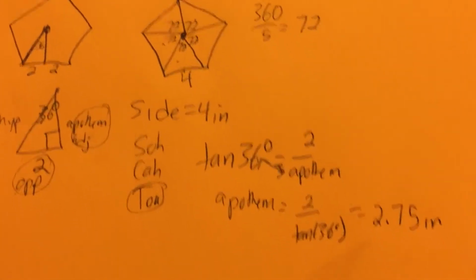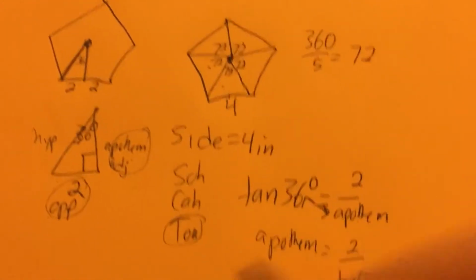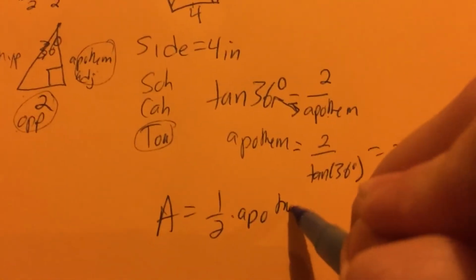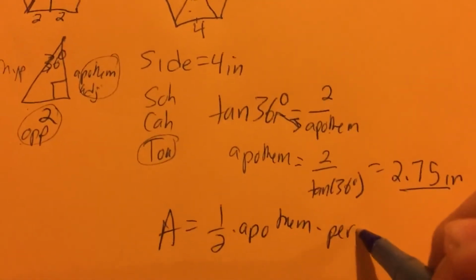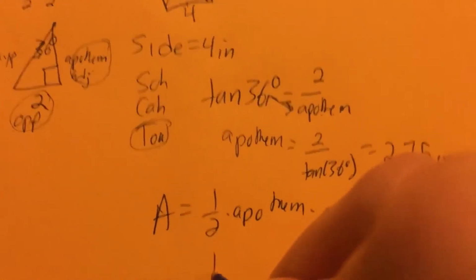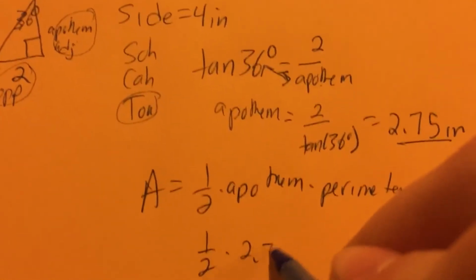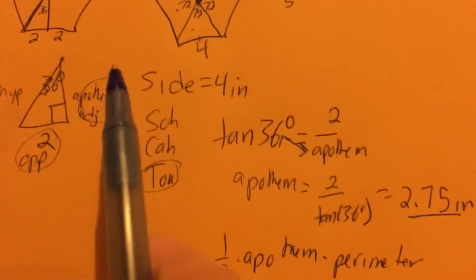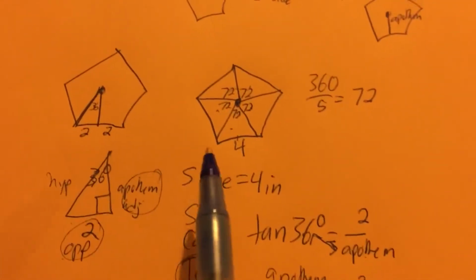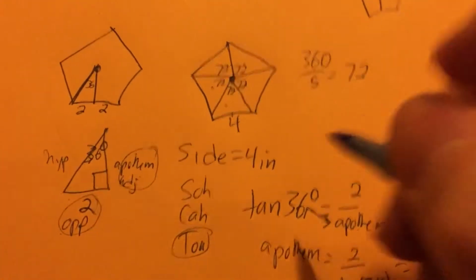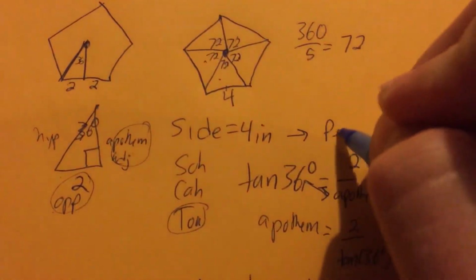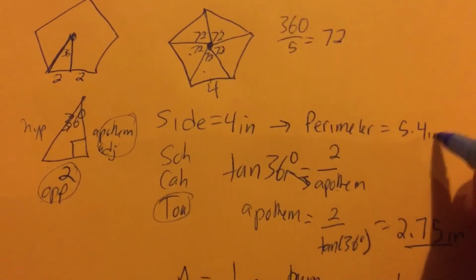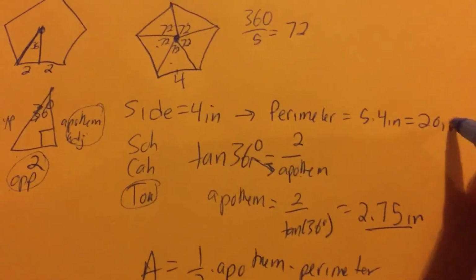So I have the apothem, and for my area, I need 1/2 times apothem times perimeter. So I have 1/2. I have 2.75, but I don't have the perimeter. I do know that the side, though, is 4 inches, which means my perimeter is 5 times those 4 inches, which is 20 inches long.